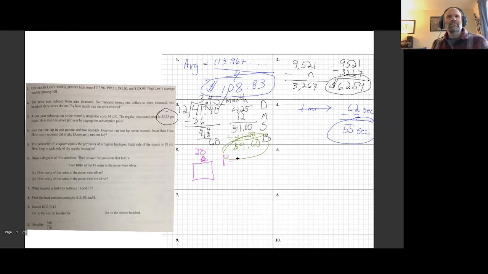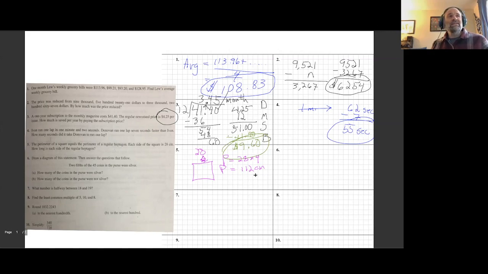You add 28 plus 28, or 28 times 4. Yep, because it's a square, so it's all the same. Good. So you can add 28 4 times, or the shortcut is just multiplying times 4. So then that is 112 centimeters. So that's the perimeter of the square.